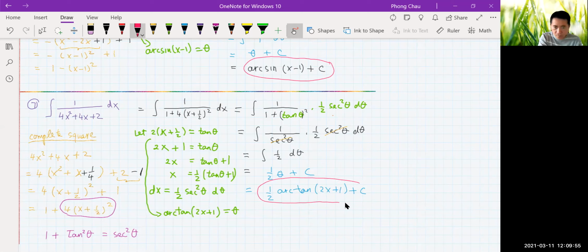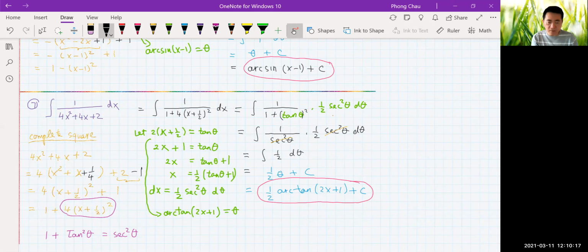The last example here. Okay, one thing I want to caution is the technique here. Sometimes we don't have a radical like this, and we can still do it, right?